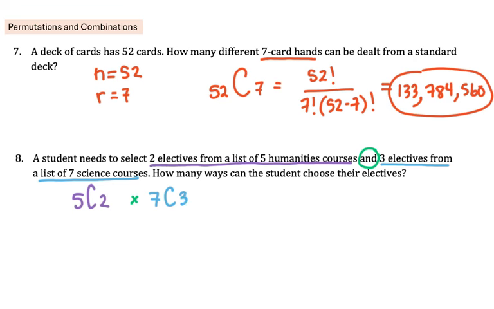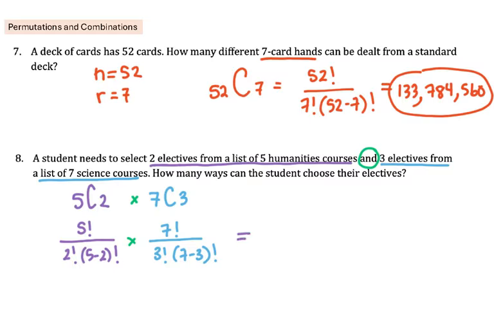So 5 choose 2 would be 5 factorial divided by 5 minus 2 factorial, 2 factorial. And then 7 choose 3 is going to be 7 factorial over 7 minus 3 factorial, 3 factorial. It's a lot to simplify.